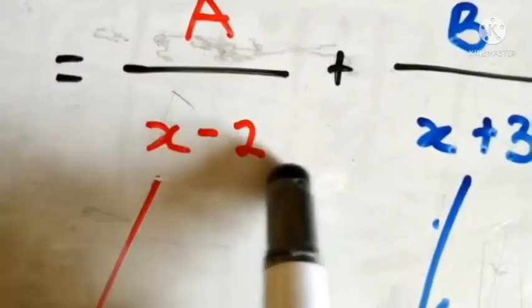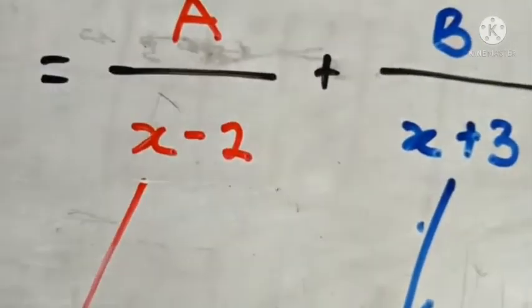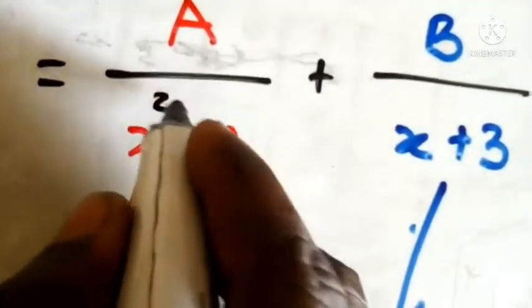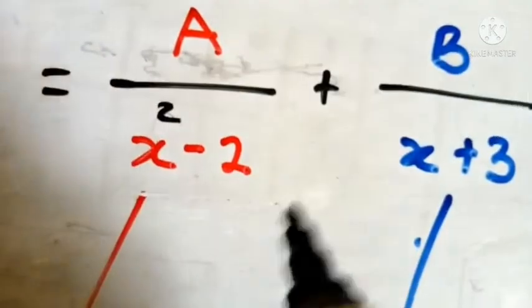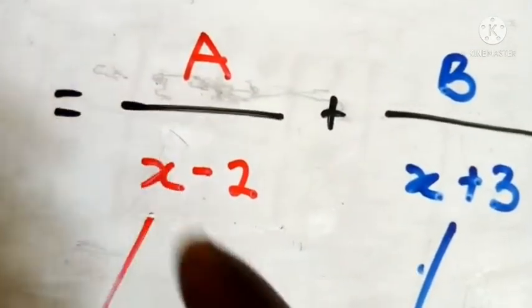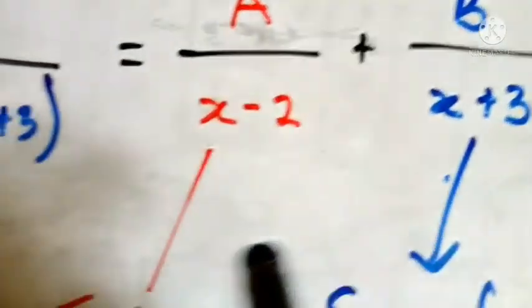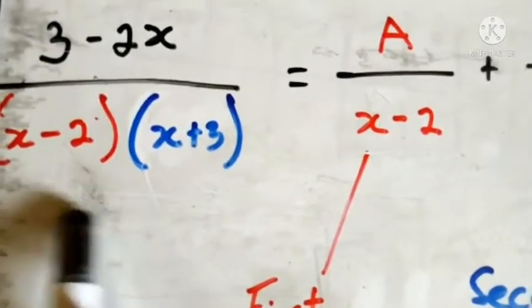It is just straightforward, mathematically linear. It doesn't have x squared, x to the power 3, or anything like that. So x minus 2 as well as x plus 3. We are splitting this into two parts.